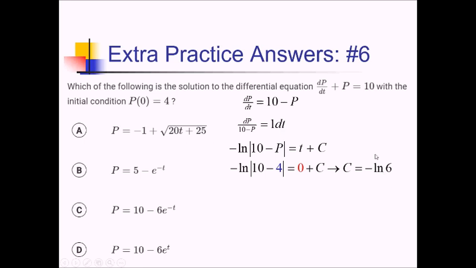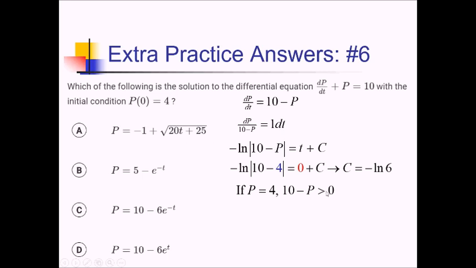Now, before I go ahead and plug that c value back into this plus c general solution, I need to resolve this absolute value. I can't have an absolute value in my final answer, and if you look here, they don't have it in any of their answers. So to resolve that, I look back at my initial condition where I see that my p-value is 4. Well, if p is 4, then the stuff inside this absolute value, 10 minus p, 10 minus 4, is going to come out positive.